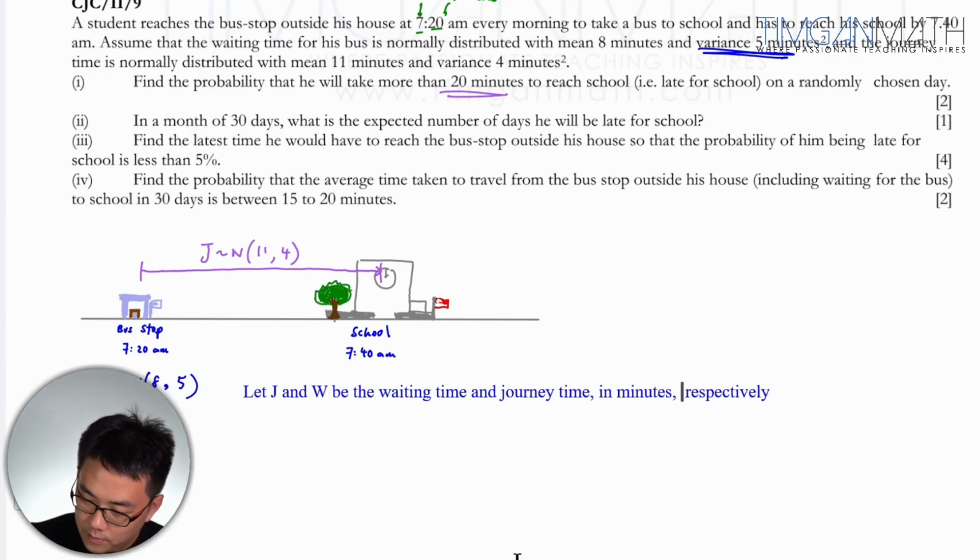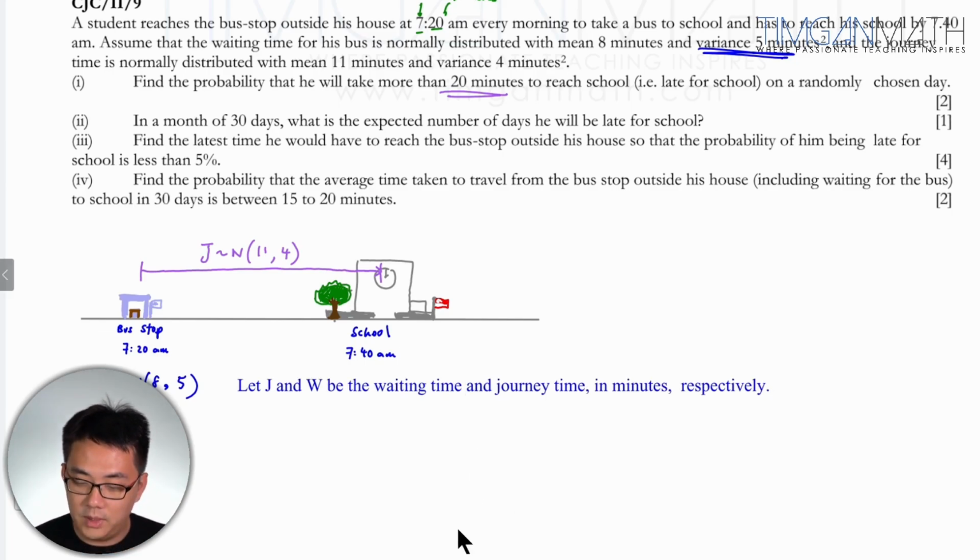Okay, that's it. So in minutes, and then basically we can write this down.